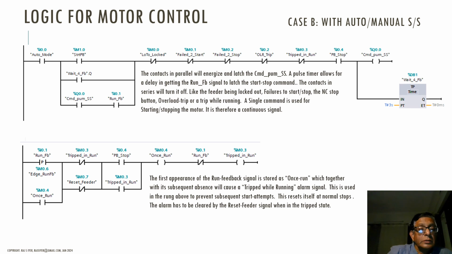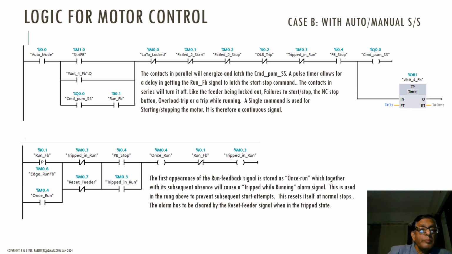Okay, now you take a closer look at the two sets of parallel contacts after this. The first set of parallel contacts, that is the tripped in run NC contact in parallel with the reset feeder. What this means is, if it is in a tripped in run condition, then the reset feeder signal that is coming from SCADA has to be asserted so as to clear the tripped in run.